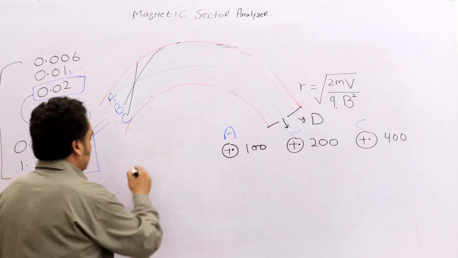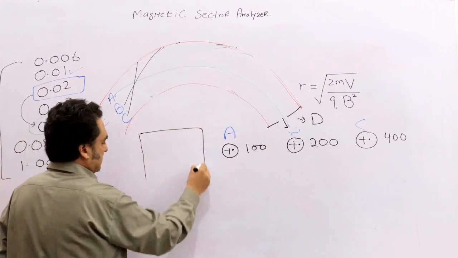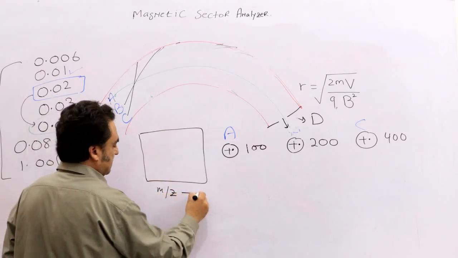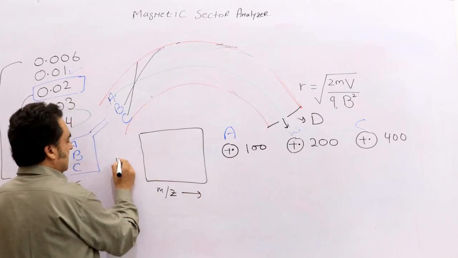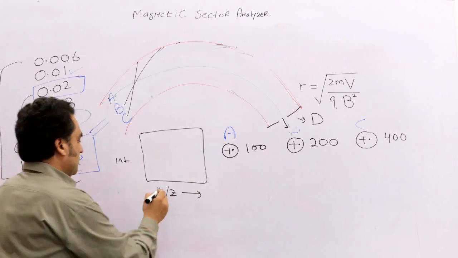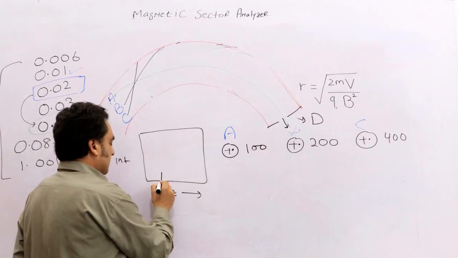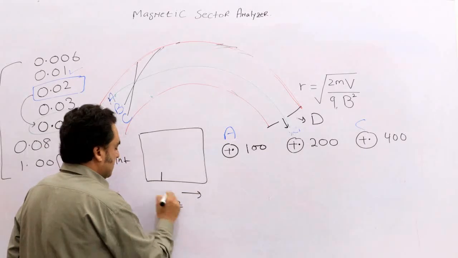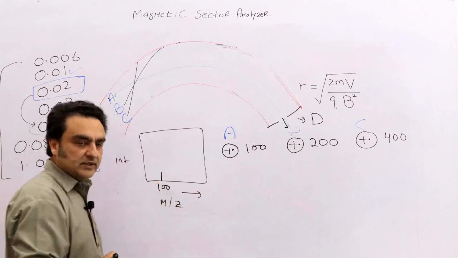Here I have tried to draw some sort of spectrum. This is M over Z, increasing this way, and this is intensity. At 100 you will observe a peak.